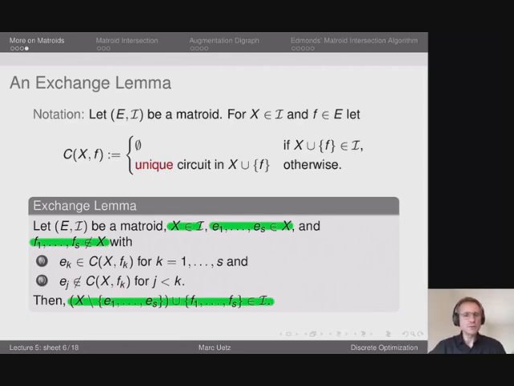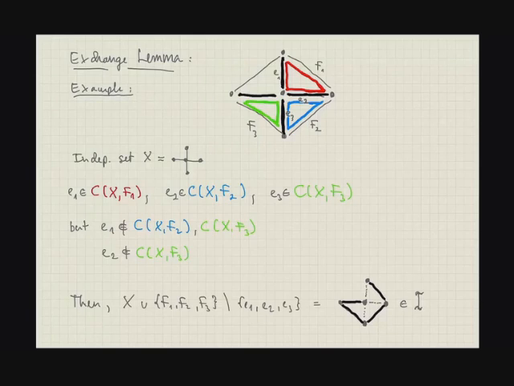But before doing the proof, I would like to look at one or two small examples of what this exchange lemma actually does. So let us do that. So you see here a graph on 5 vertices. We have an independent set X. So this is an example from the graphical matroid again, which is nicest to visualize.